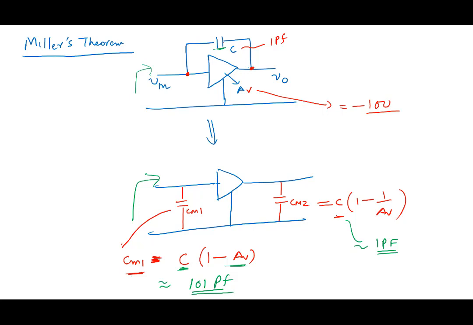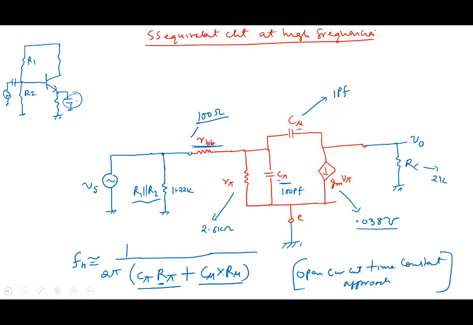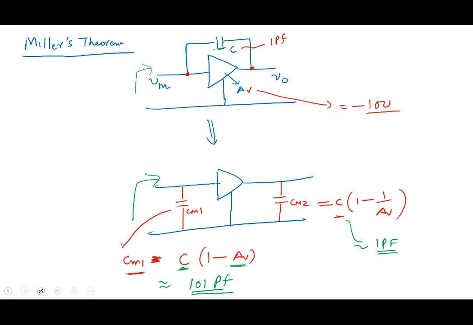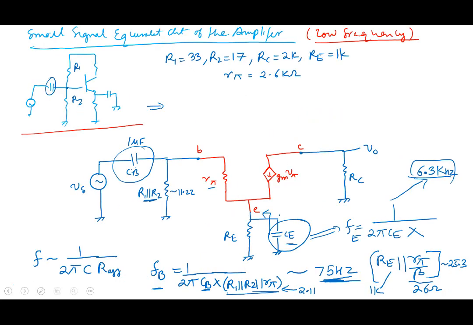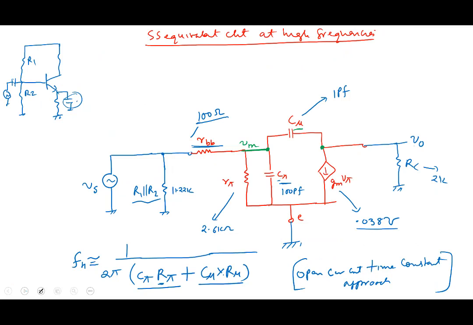Okay, now how is Miller's theorem relevant for us? If you go back and look at this, this is our input and output port. This C mu that you see here. Let's say the voltage here is V in and the voltage here is V0, and the voltage between here and here is V pi.